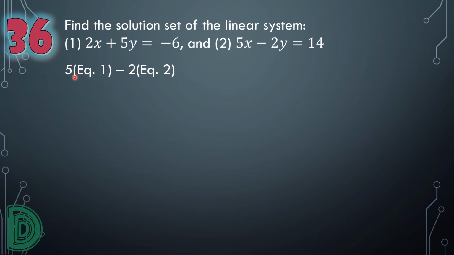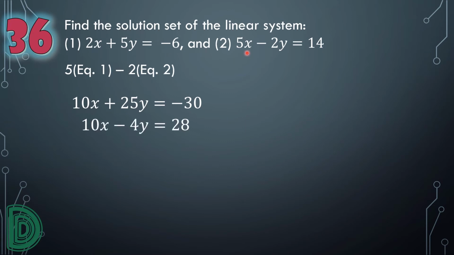So we have 5 times equation 1 minus 2 times equation 2. In that way, we will be able to eliminate x. So 5 times equation 1 is 10x plus 25y equals negative 30. 2 times equation 2 will be 10x minus 4y equals 28.